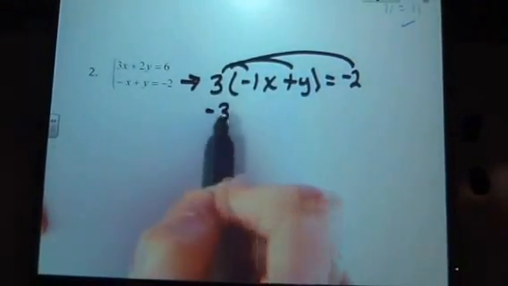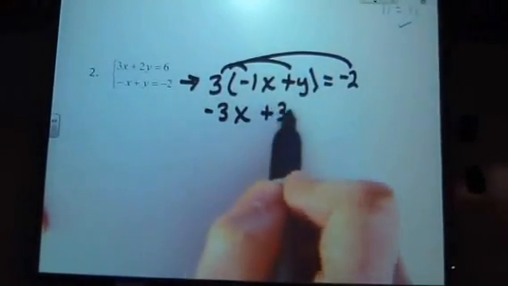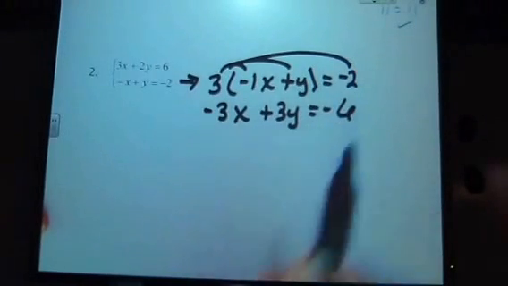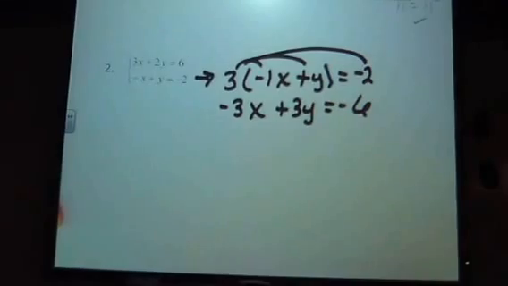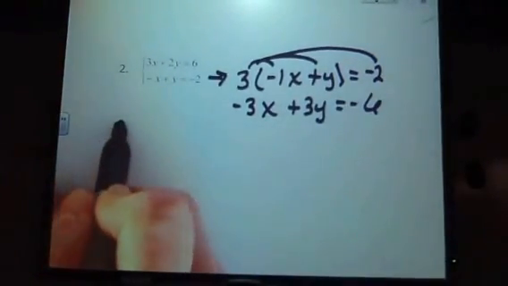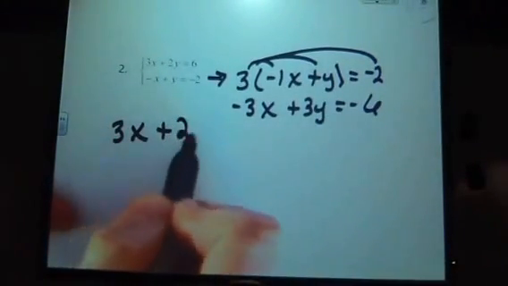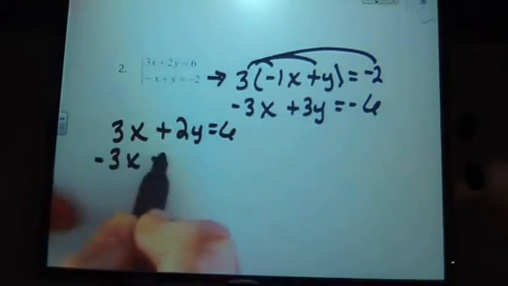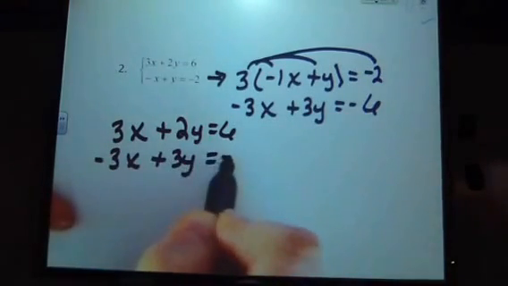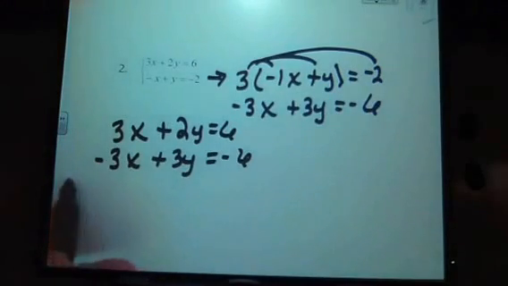So I get negative 3x plus 3y equals negative 6. I have 3x plus 2y equals 6. My second equation, negative 3x plus 3y equals negative 6. We're going to add.